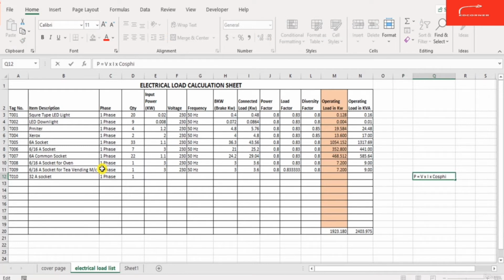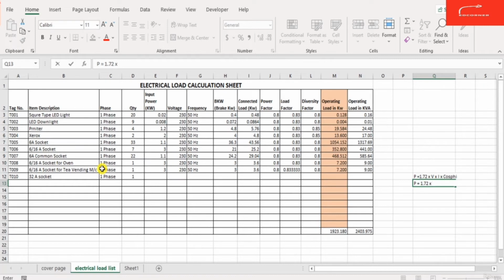So for 3-phase, we need to multiply by root 3. The root 3 value, if I convert it, is 1.72, so I will directly multiply by 1.72. So this is the one formula: P is equal to 1.72 multiply.